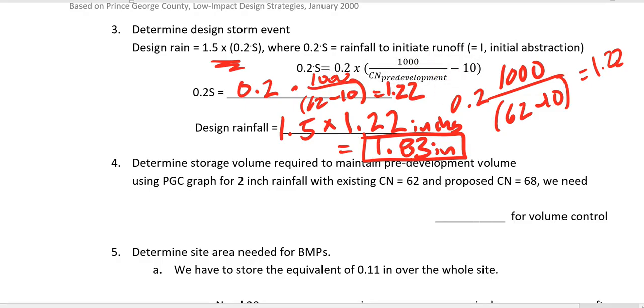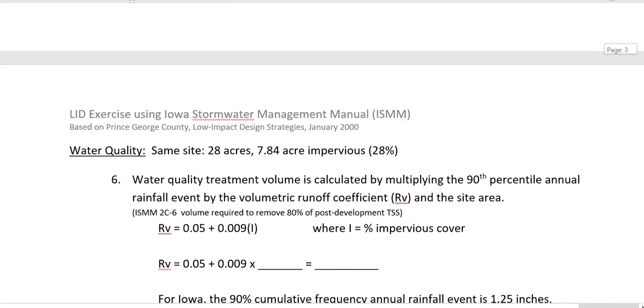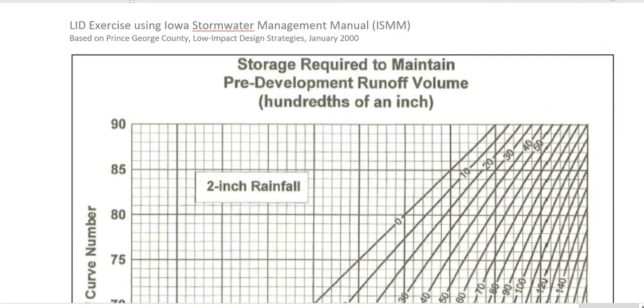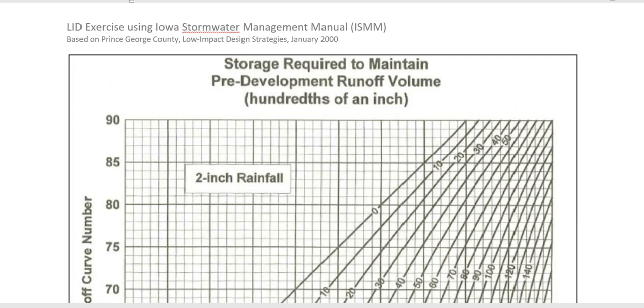So the method, if we go down here, gives us some graphs: storage required to maintain pre-development runoff volume.